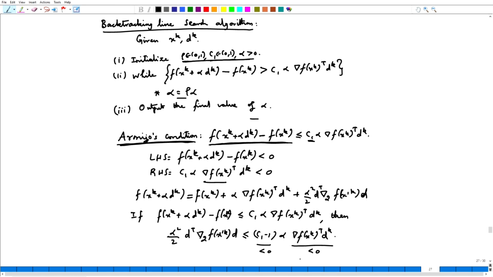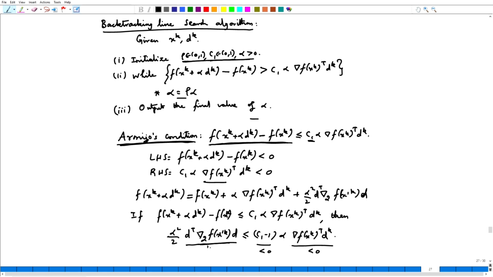So, the right hand side is actually positive, and if f is positive definite at x dash k, right. I mean if f is convex, then that obviously holds, right. Then you can see that d transpose del 2 f of x dash k d is positive, right.